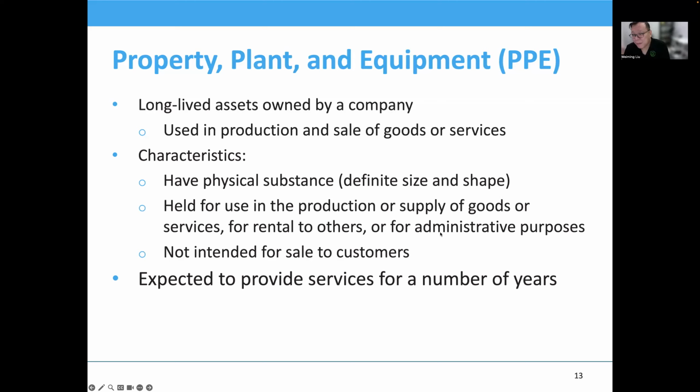For example, let's say the headquarters of a big oil company. The people working in that building are admin people. They are probably executives, maybe accountants.